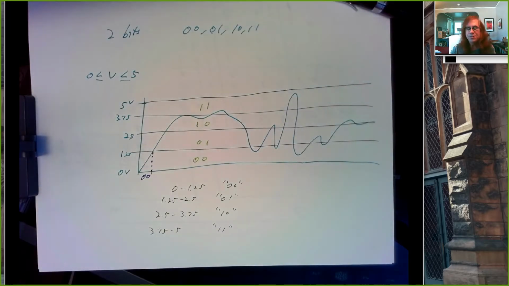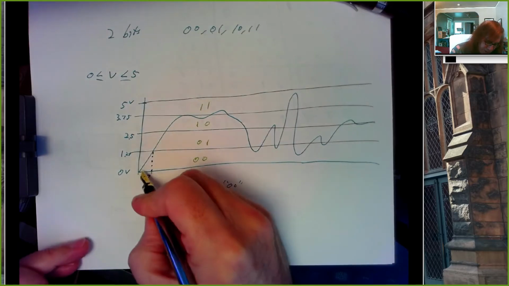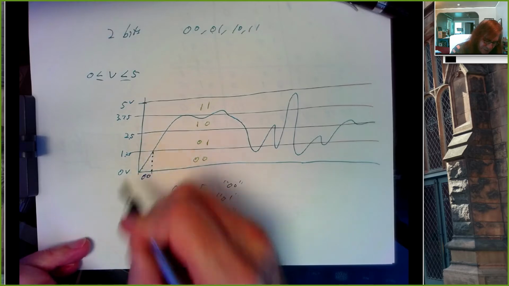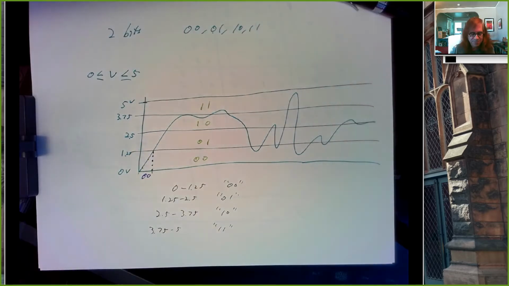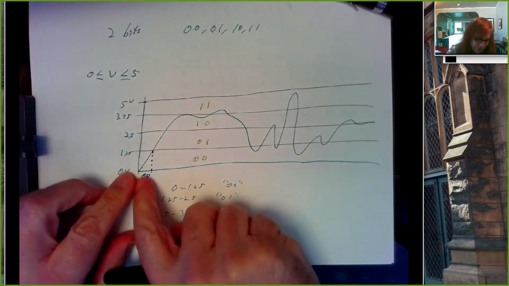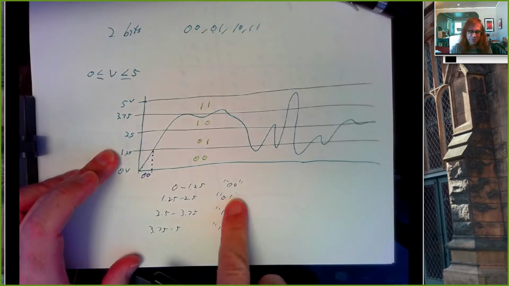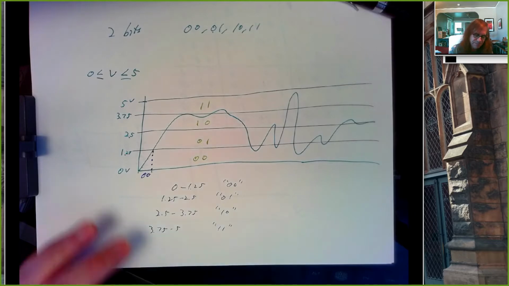That's all we can do. We can't record the fact that right here it was lower than it was right here, and right here was the highest that it was, because we don't have enough bits. All we can do is say between here and here, it was somewhere between 0 and 1 1/4, which is what our code 0, 0 means.